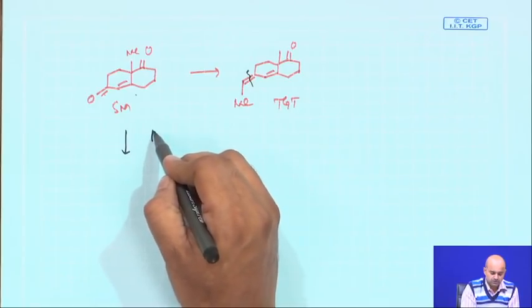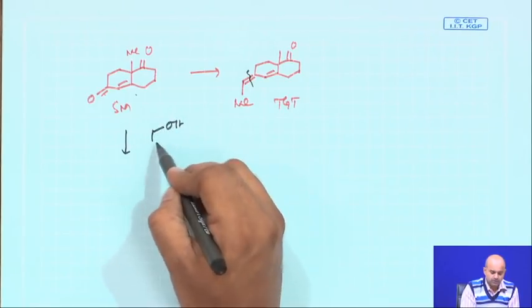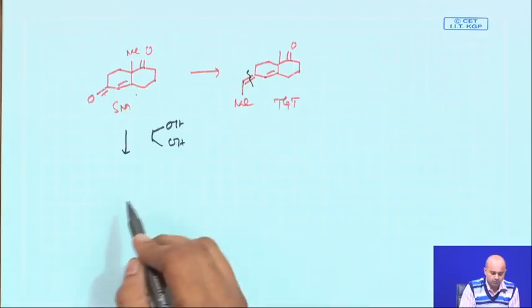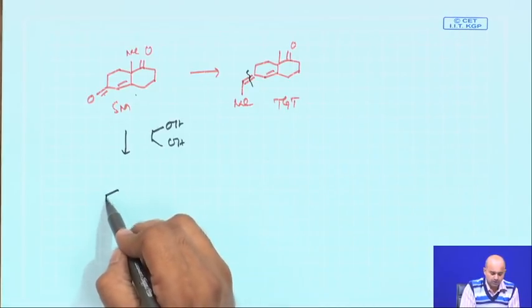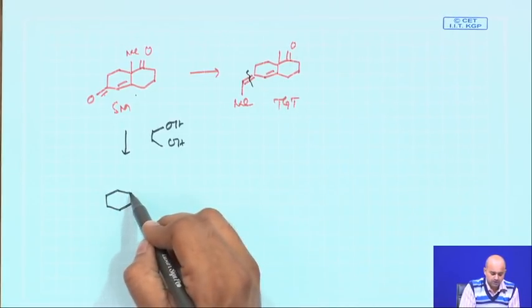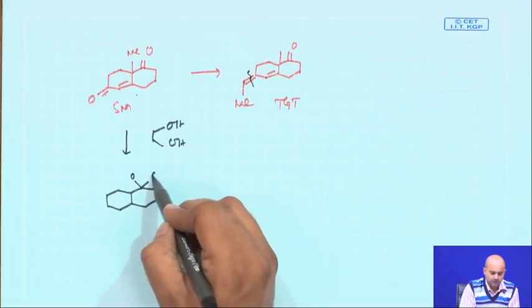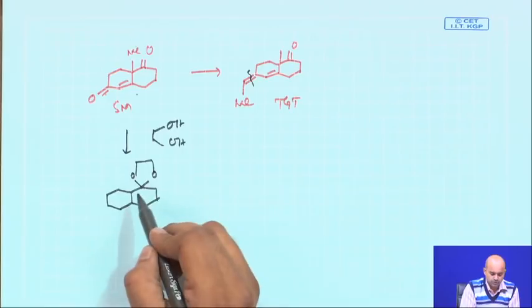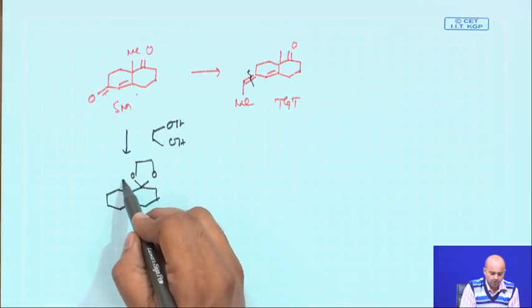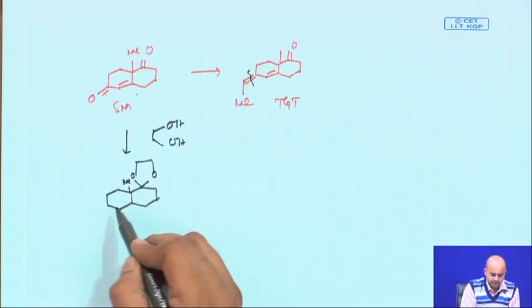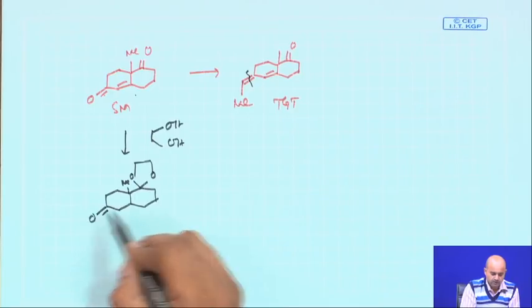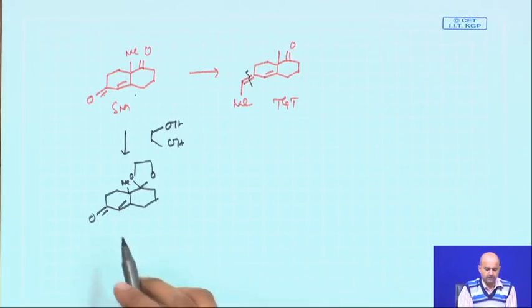So first use simple ethylene glycol, which will protect or block the saturated counterpart. The saturated ketone portion will be blocked.